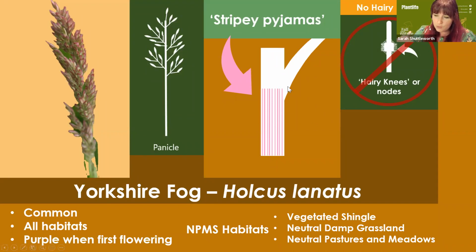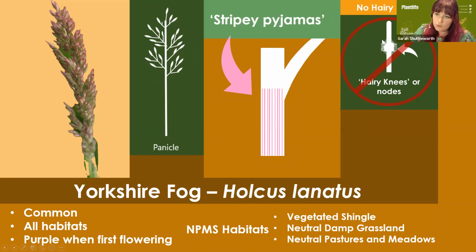So basically, if you were to move away some of the material and look at the base of the grass as it's coming out of the ground, it gets very pale as it comes down. It's very hairy, but then it has these pink stripes on the pale background, which look quite a lot like striped pajamas. So you might be able to tell that you've got Yorkshire fog even without this inflorescence here. Remember, that's the name of the flowers.